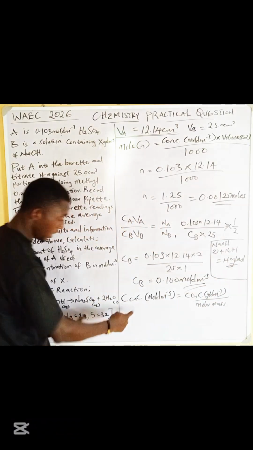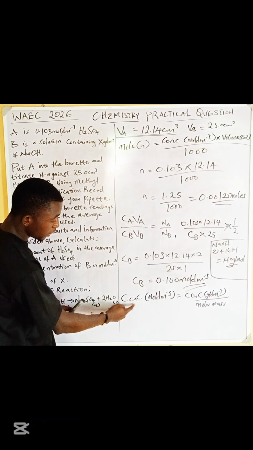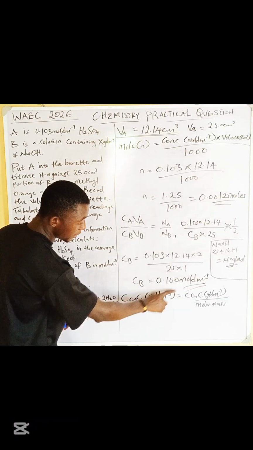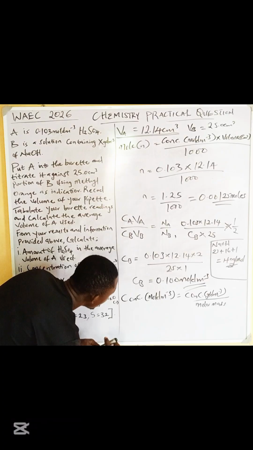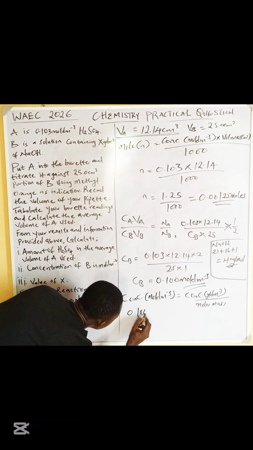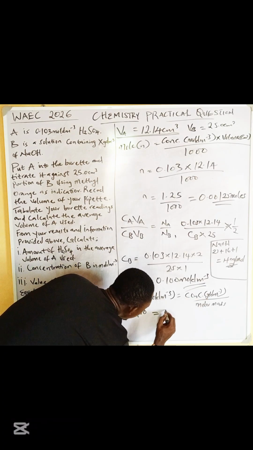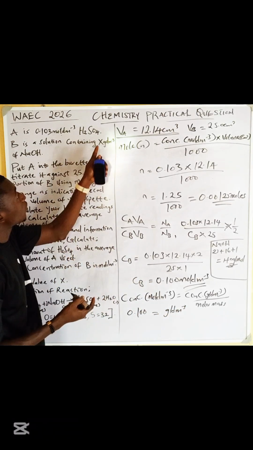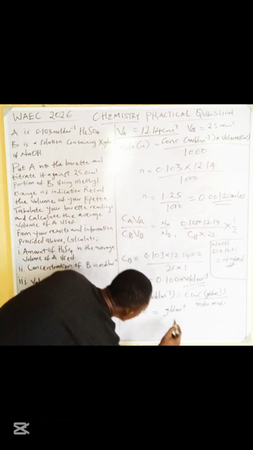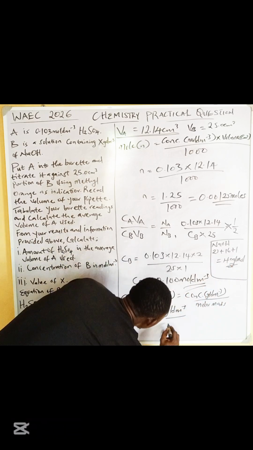For the base. And remember, the concentration of base in mole per dm cube, I've already calculated it. So I will input this one here. I will have 0.100 equals concentration in gram per dm cube, which is what I'm looking for, the value of X here, divided by my molar mass, 40.